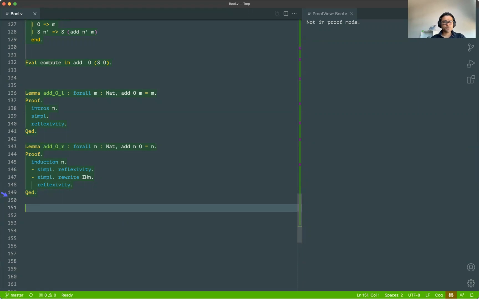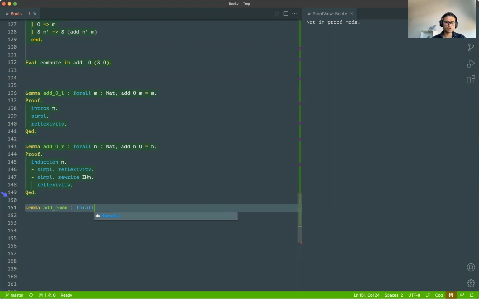Okay, so now that we have proved these two, let's prove the commutative lemma. So add_comm. Lemma is a keyword to state your theorem. add_comm is the name, colon, and then you give the type, or you express your logical statement.